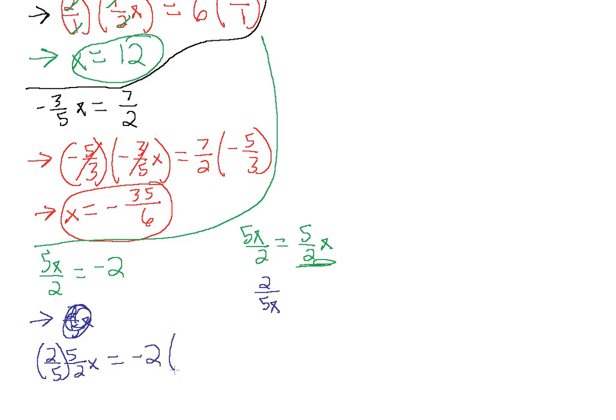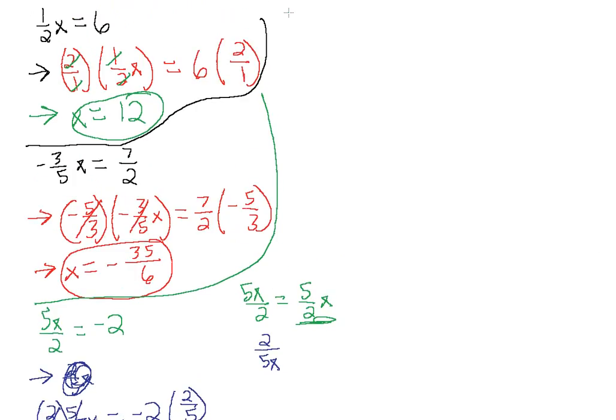We have a minus 2 times 2 over 5. This will cancel with this, leaving just x on the left. And over here we have minus 2 times a positive 2 over 5, which gives us a negative 4 over 5. And you can check that we did this correctly by plugging in minus 4 over 5 for x in our original equation.